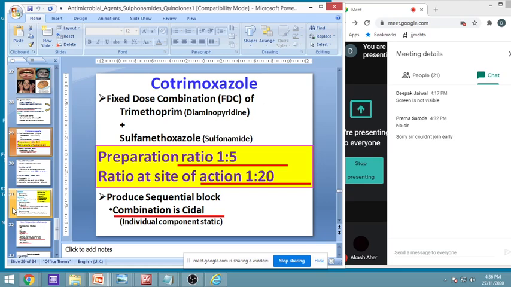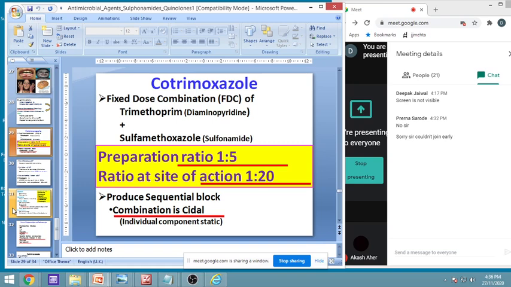Because of this, it becomes a synergistic combination. Otherwise, both are individually bacteriostatic in nature, but when they are combined together, they become bactericidal, and therefore they were once upon a time very popular in treatment. Usually, as I told you, 1:5 was the dose, and that was very clear.